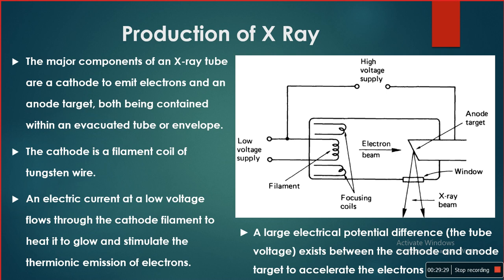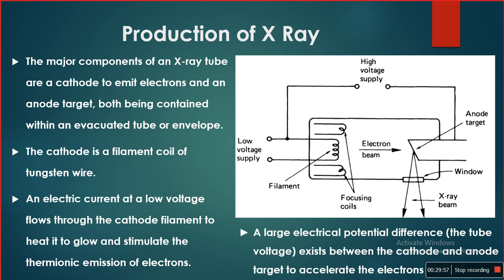So as electrons are bombarded on the metal target, temperature goes on increasing. So to withstand the high temperature, we need to consider a high melting point material, so tungsten is used here because of its high melting point of 3380 degrees Celsius.